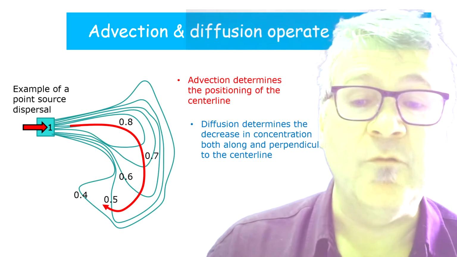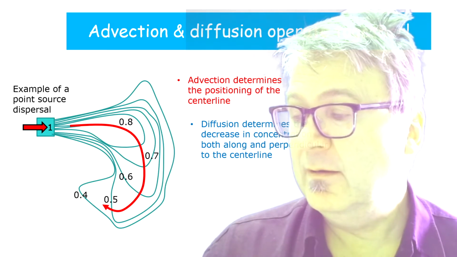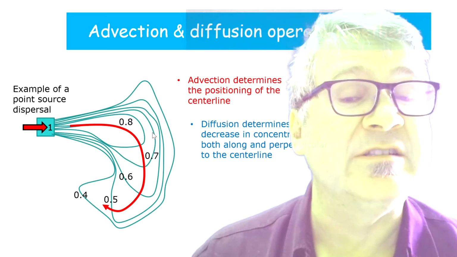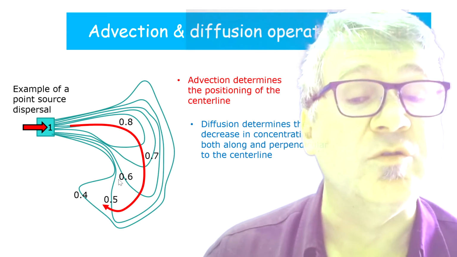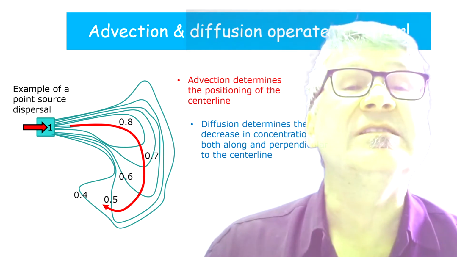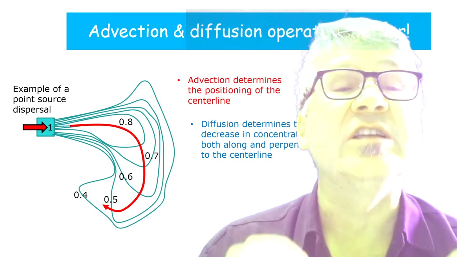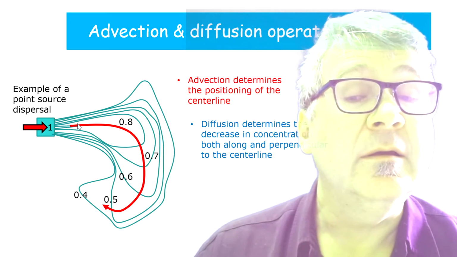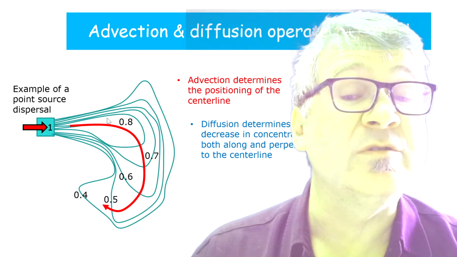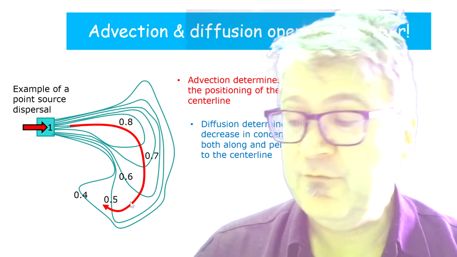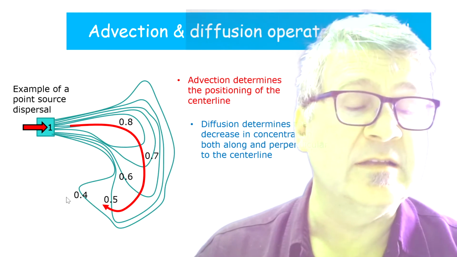So if you move away from the center line, the concentration decreases. This is due to diffusion. But diffusion also reduces the concentration along the center line. You can see as you move along the red line, concentration is decreased to 80%, 70%, 60%, 50%, 40%.